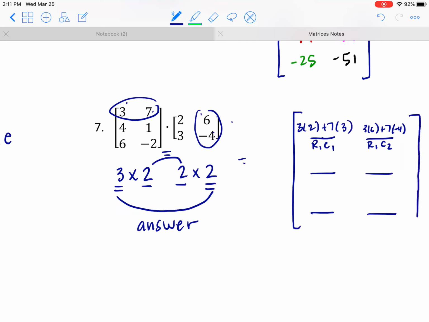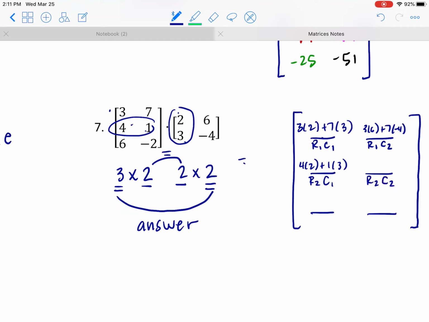Let me give myself a little more space over here. Okay, so now we've moved to row 2, back to column 1. If I use row 2 and column 1, 4 times 2 and 1 times 3 is going to get us that entry. 4 times 2 plus 1 times 3.